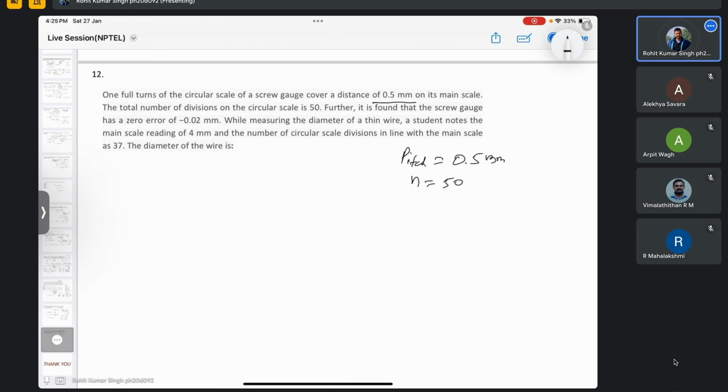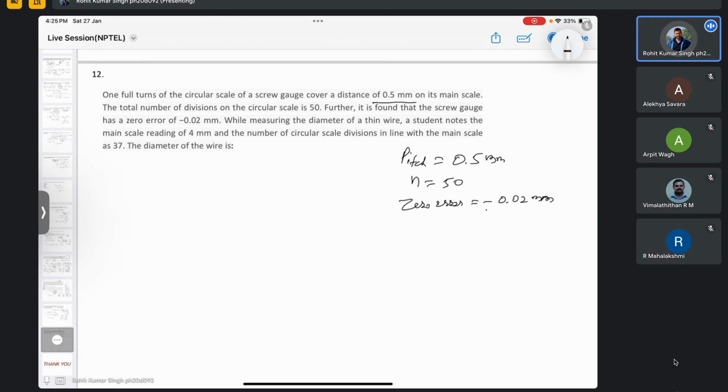Further, it is found that the screw gauge has a zero error of minus 0.02 mm. I'll tell you what this minus sign means, why it is negative.